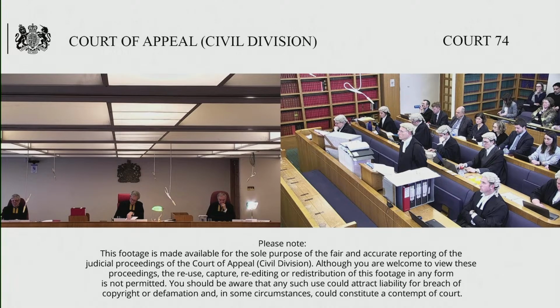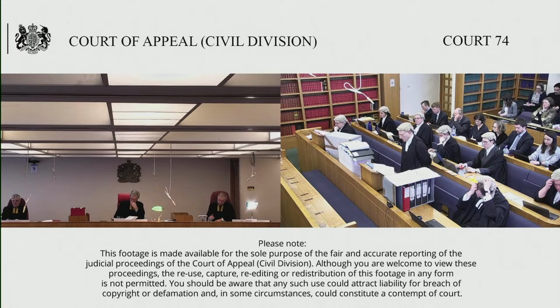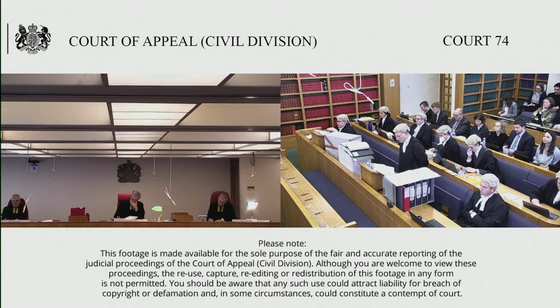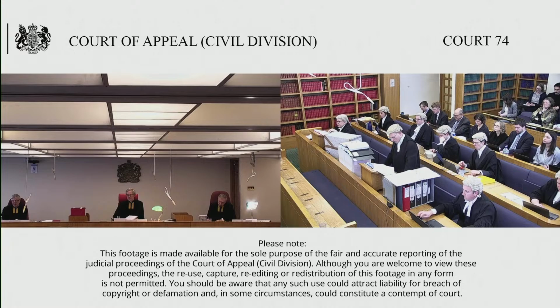We would say it's not only a reasonable decision, it's the right decision. And reimbursement sooner rather than later at the cost of the responsible developer or its wealthy associate was a legitimate approach for the First Tier Tribunal to have taken.